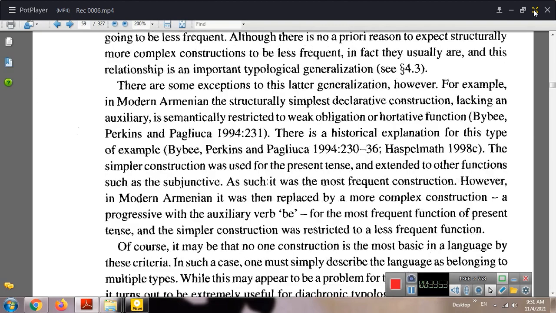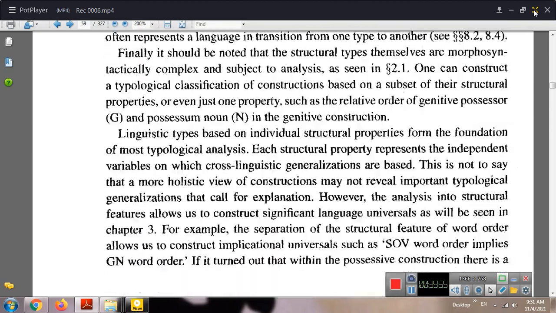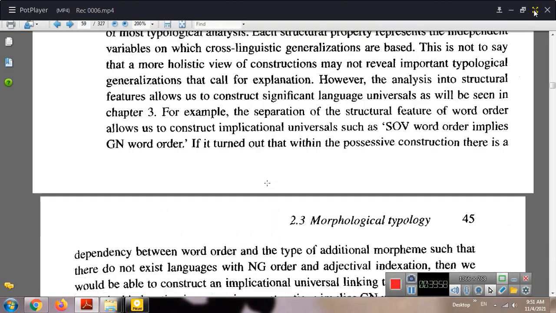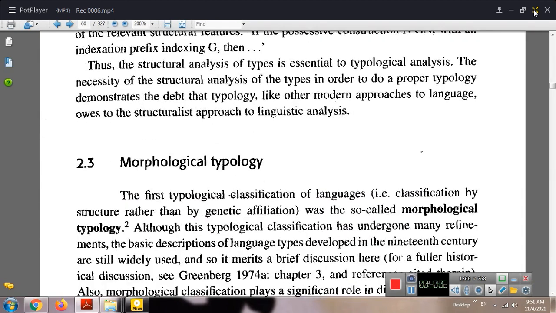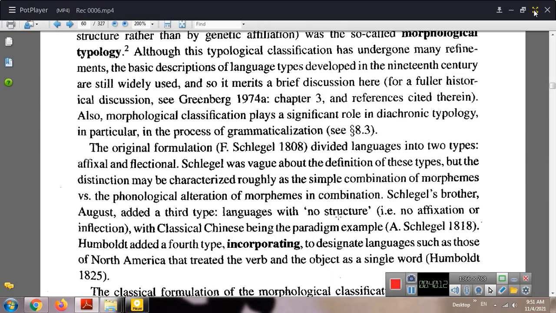And here we gave you an example about the basic structure, and then as I told you, in the 19th century we considered typology just as morphological typology, and in morphological typology we had different classifications based on different scholars.